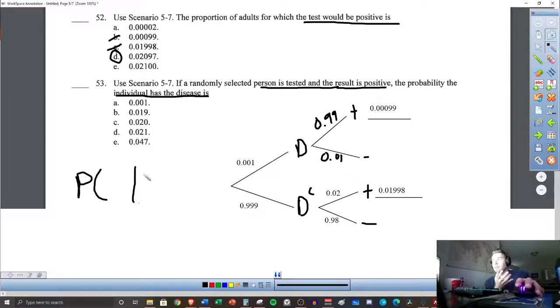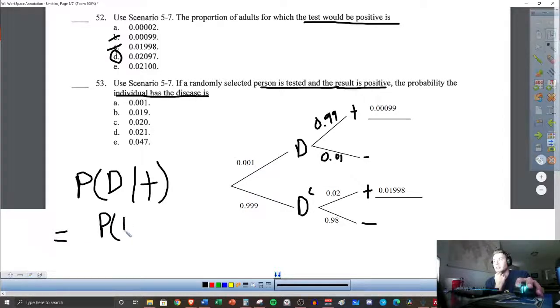Given that they tested positive, what's the probability that they have the disease? So we're going to use our formula: probability of disease and positive over probability of positive.